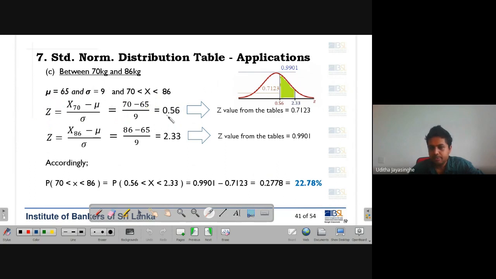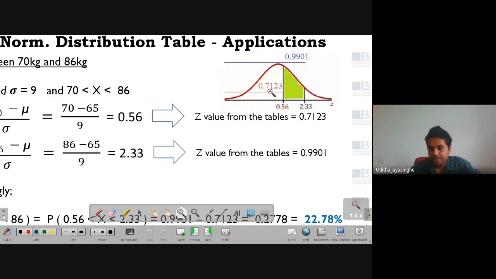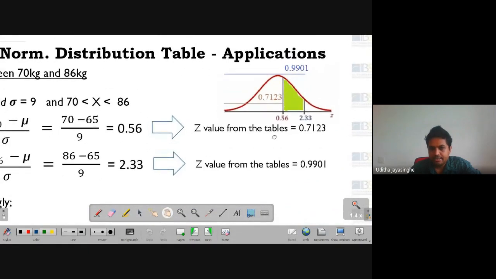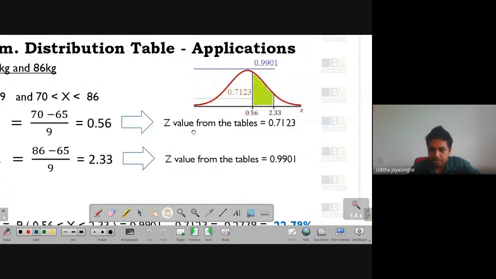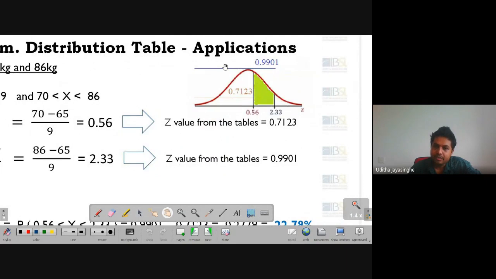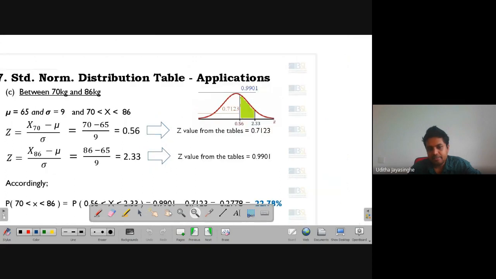We got the Z value as 0.56, and from the tables, we got the probability as 71.2%. And for the second one, 86, we got the Z value as 2.33. And for this 2.33, we're going to get from the tables 99.01. And it's nothing but a piece of cake.